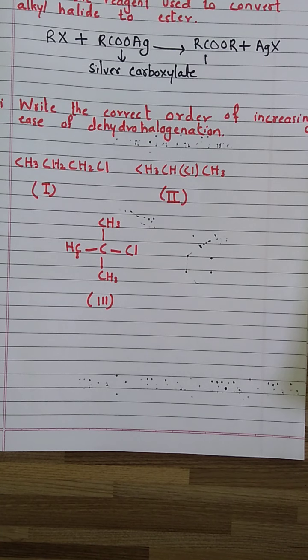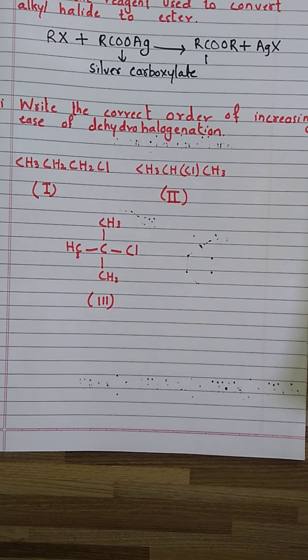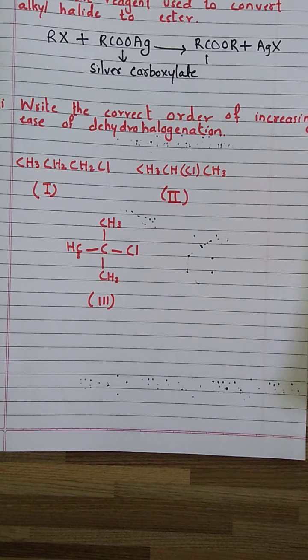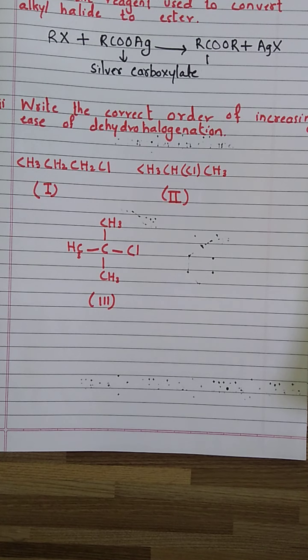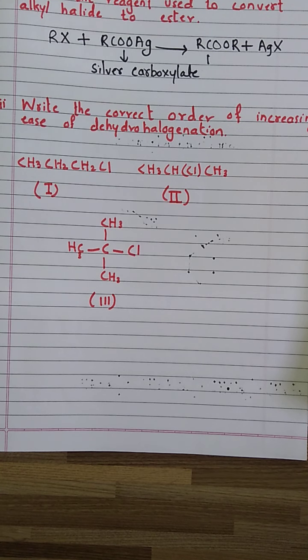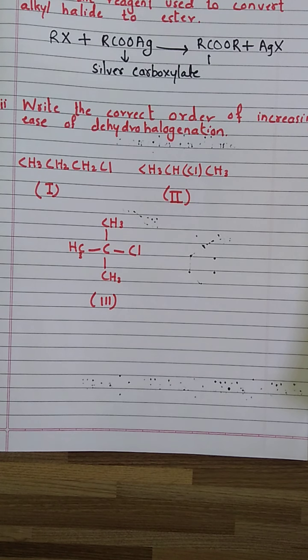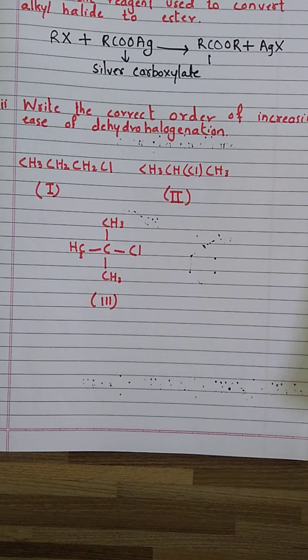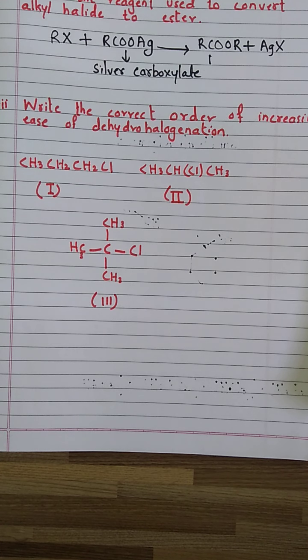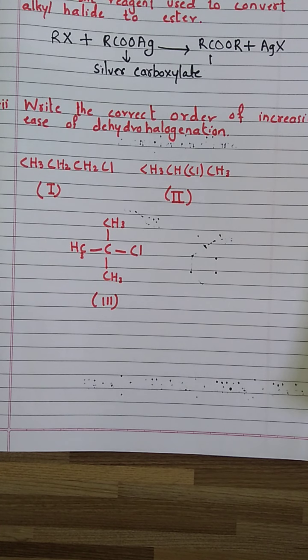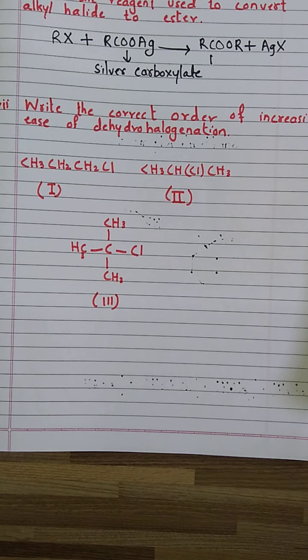Now we know that alkyl halide on dehydrohalogenation produces alkene, and we know that when we do the dehydrohalogenation, there is a possibility that we can get more than one type of product.